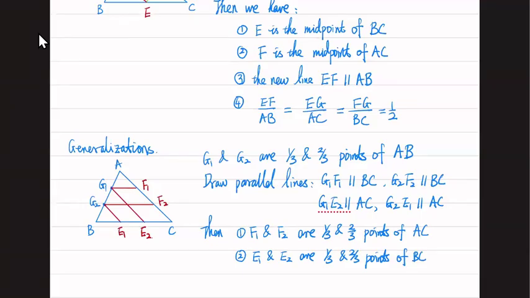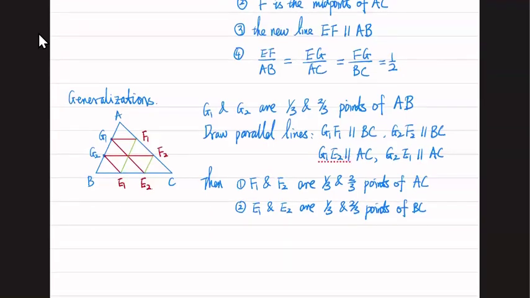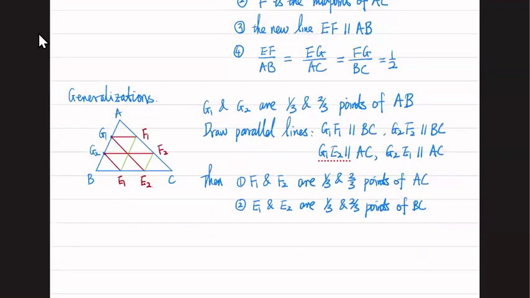Then we connect the new segments. Our next conclusion is and we have the called similar ratio.